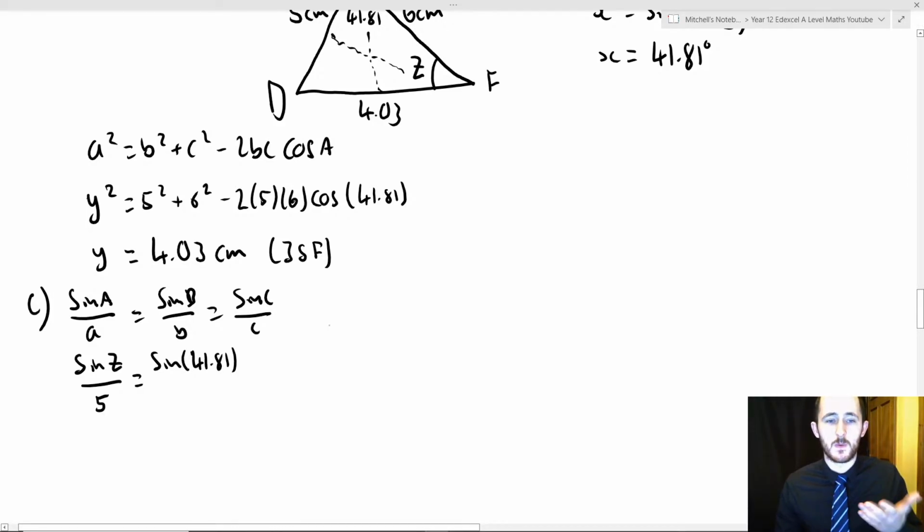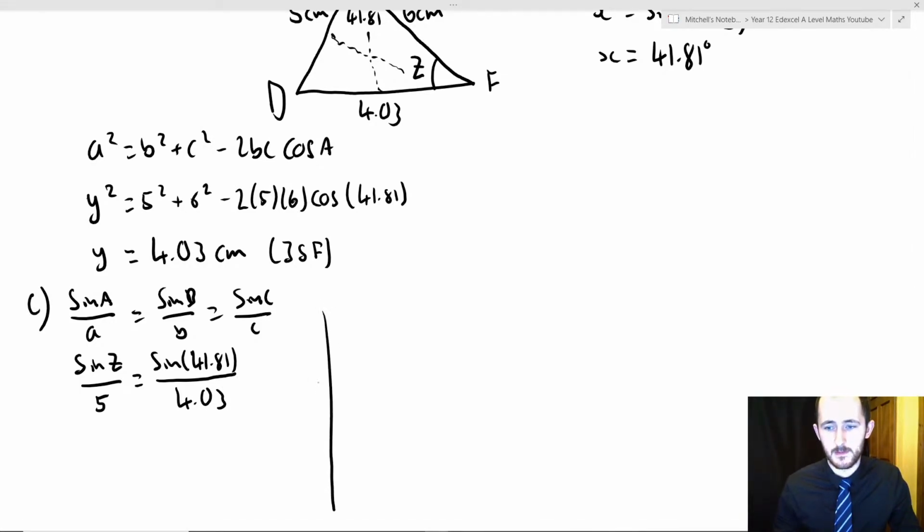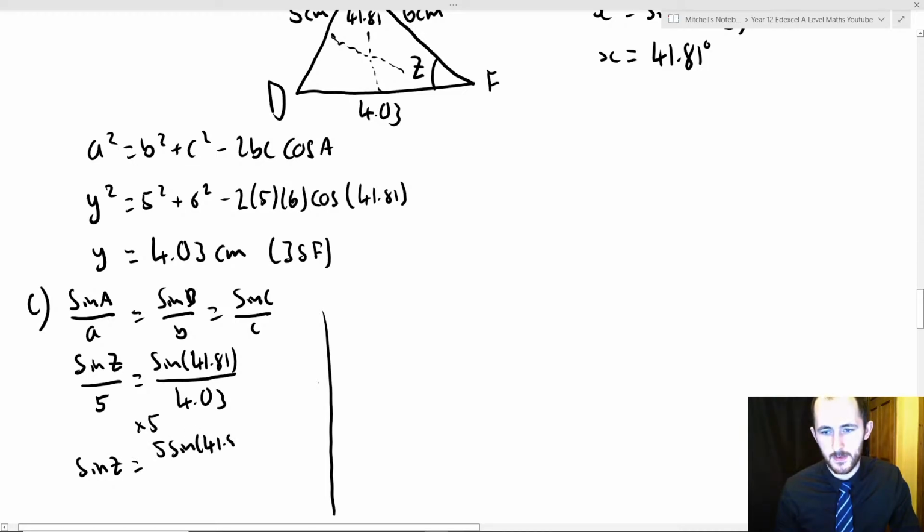So instead of sine 41.81, I could have just put 2/3 because that's what it told me it was, over 4.03. And now this is a simple rearranging. So if I just times both sides by 5, I get that sine Z equals 5 sine 41.81 over 4.03.